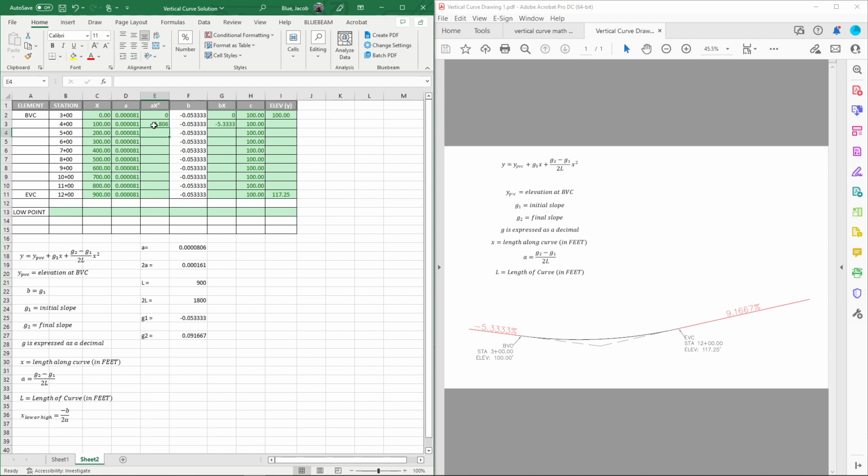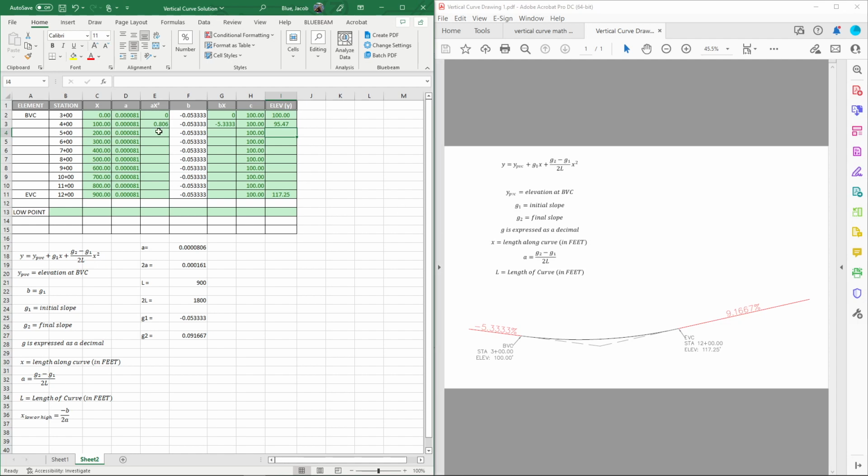So I have an ax squared, I have a bx, I have a c. I'm ready to calculate my elevation. So my elevation is equal to ax squared plus bx plus c. And now I've gone downhill from 100. And without knowing anything about this curve, the only thing I know is, well, I'm going downhill and it's a sag curve, so I think it's right.